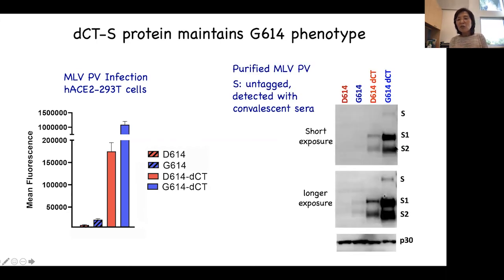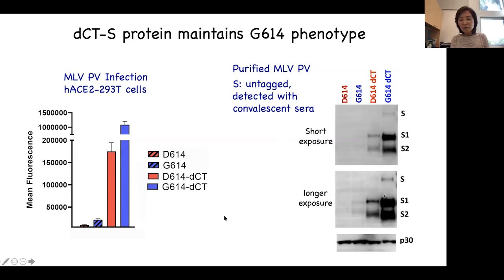Anyway, this shows the Western blot. The point is that even though a lot more spike is incorporated into the virion with the delta CT, the G614 phenotype is still maintained. So when you infect with full-length S protein pseudovirus or delta CT pseudovirus, this is D and this is G, G is still a lot more efficient in infection.